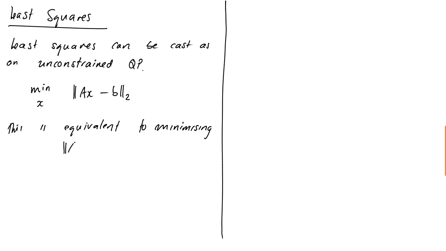Right, so if we square our objective, it's equivalent to minimizing the 2 norm of Ax minus b squared, just as we discussed a while ago when we were doing least squares.